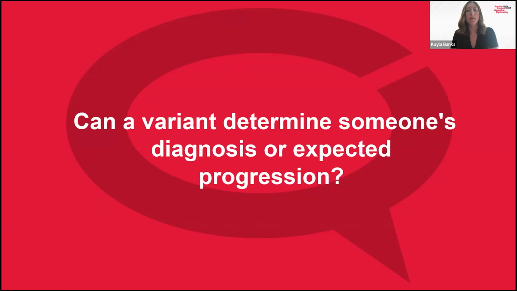Providers and researchers can look to the type of variant a person has and try to interpret how that variant may affect the gene's function. In DMD's case, to what degree that variant is expected to change our production of dystrophin. However, it is important to note that there are always exceptions to the rules, and each person may present and progress in a unique way.